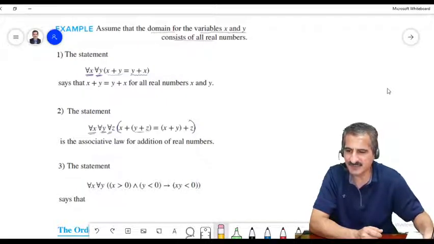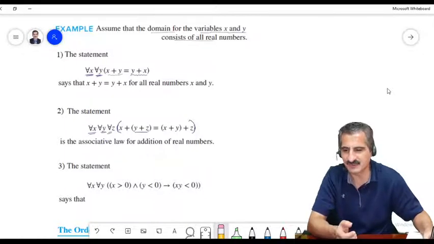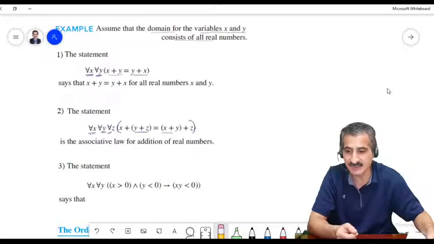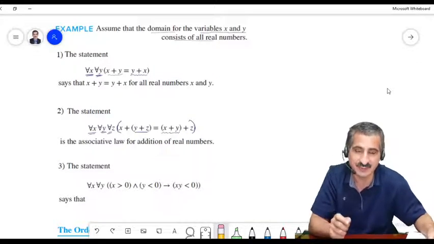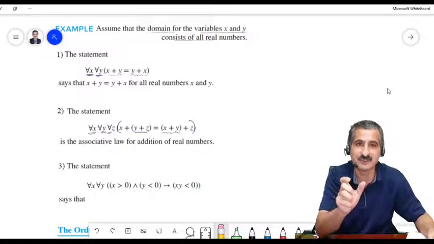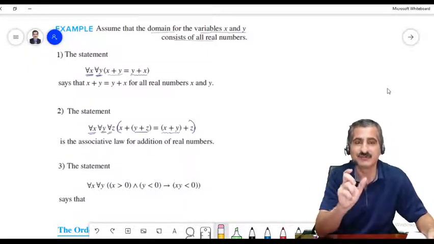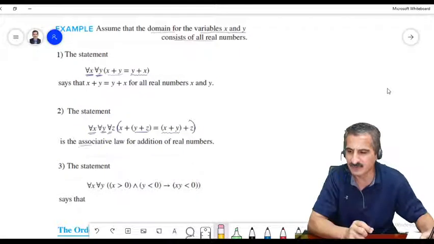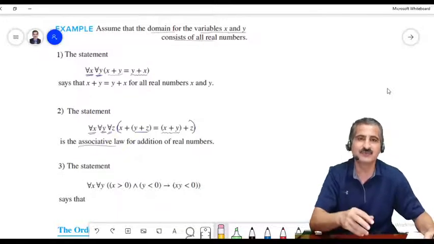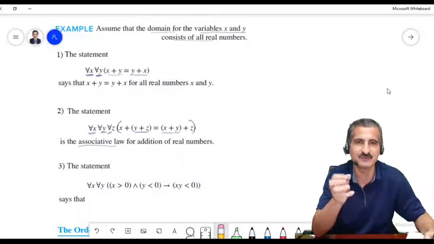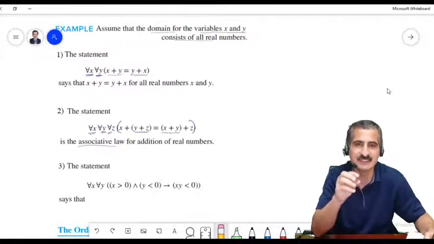So first we add the last two integers and then we add the result to the first, or here we add the first two integers and add the result to the third one. Does it matter which two integers we add first? It does not, and then we say the associative law holds. And for every x and every y and every z, this statement is true. So we have three universal quantifiers nested in each other.